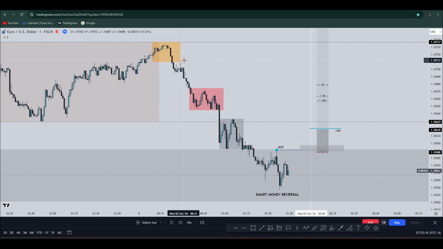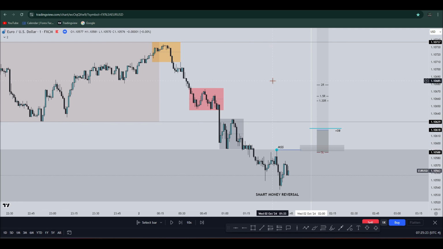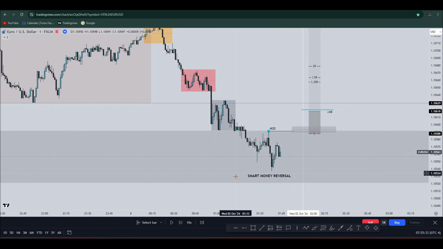So I'm depicting here in yellow, red and gray the pockets of liquidity, the small consolidations that are part of the sell side of the curve in this case, and I'm going to trade against those once we have the smart money reversal.